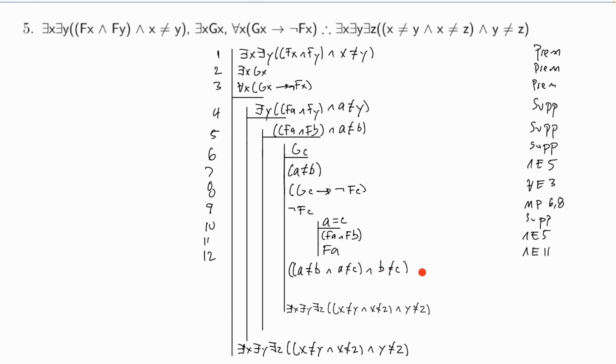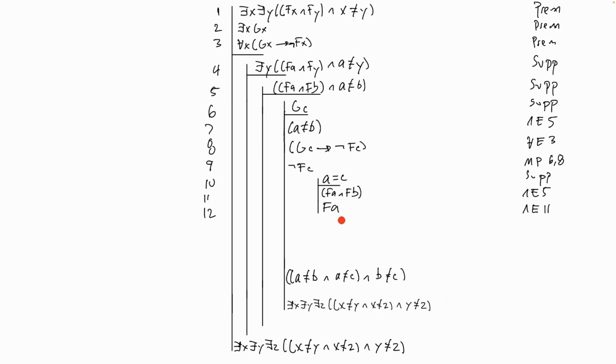And I'm running out of room here, so let me readjust the bottom of this proof to give myself a little more room. Okay, and now that I have FA, I can use the identity A equals C to conclude FC.